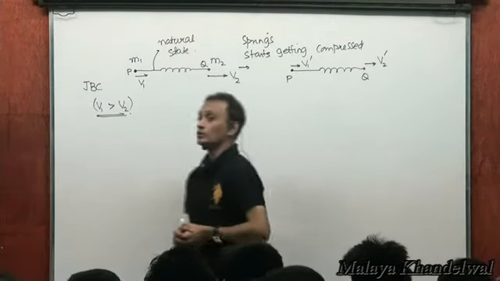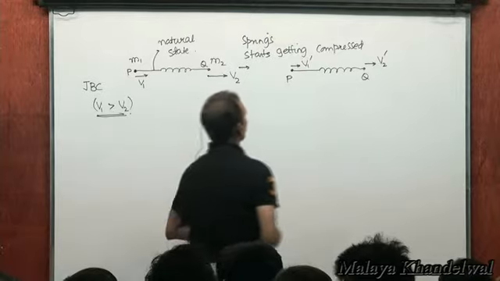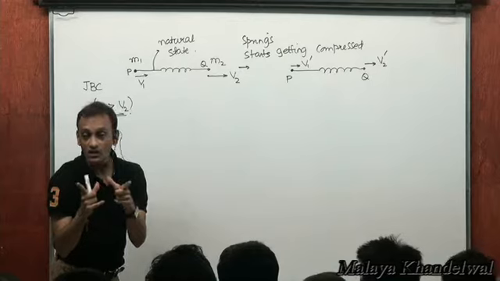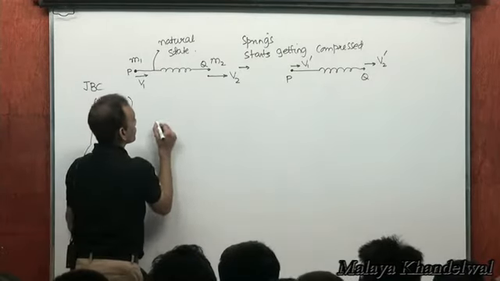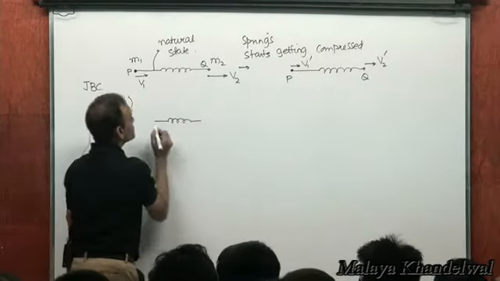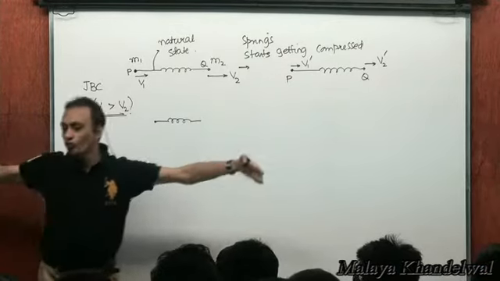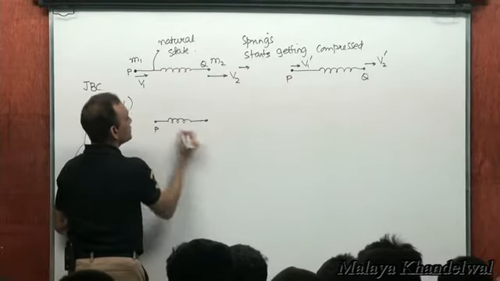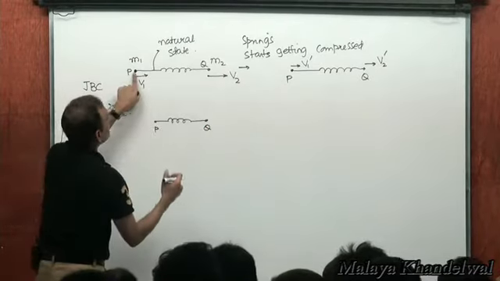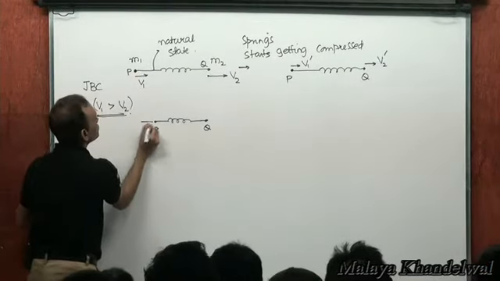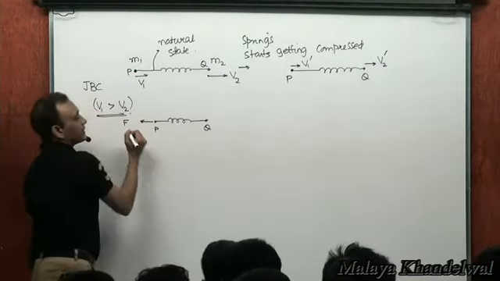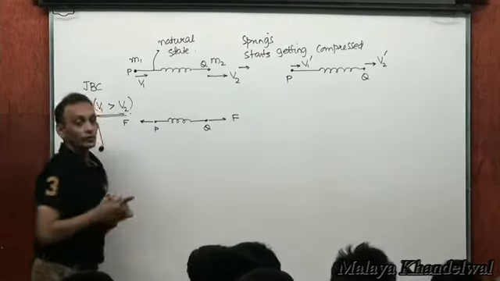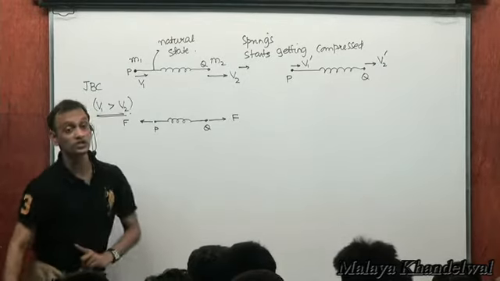Now, when the spring starts getting compressed, it would want to unfold. In its attempt to unfold, it will exert a force on m1 in this direction. It will exert a force on m2 in this direction, right? So, what is it going to do?